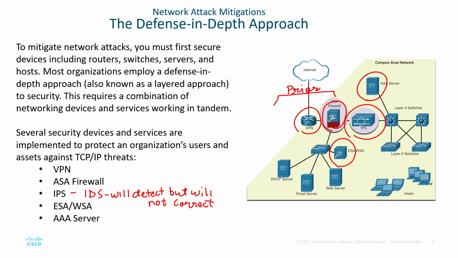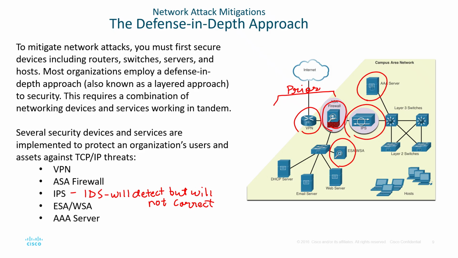So there are several different ways or devices that you can utilize in order to protect your system. Most organizations will employ this defense in depth approach, also known as a layered approach. This requires a combination of network devices and services working in tandem.